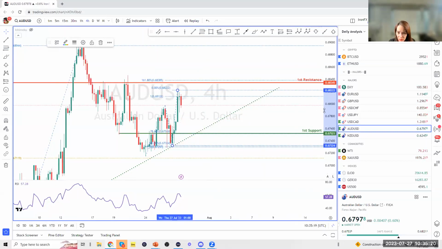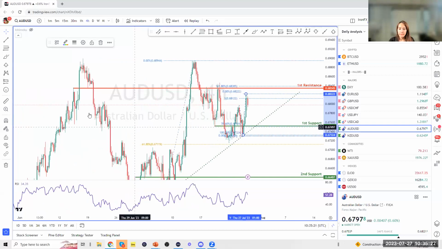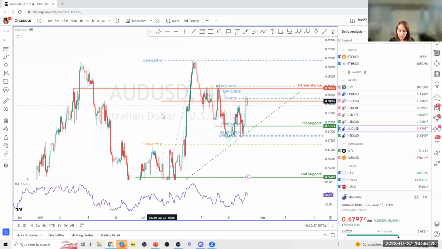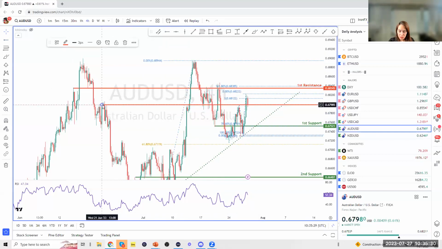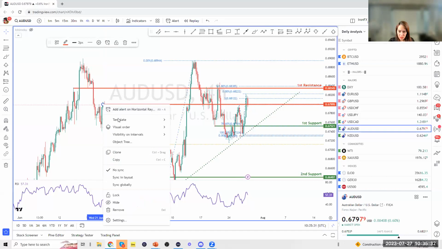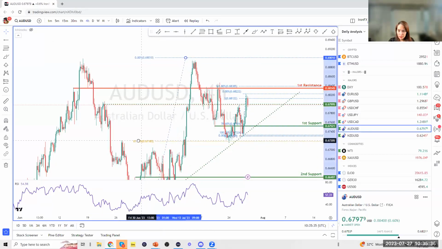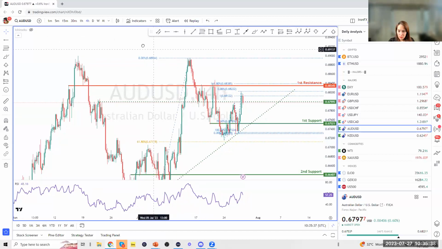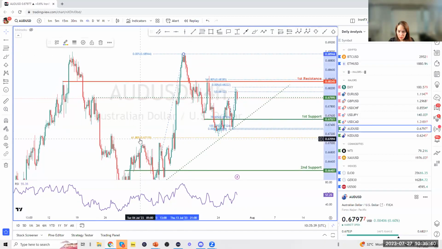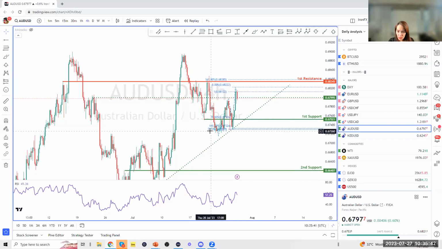I put this as my first support, and then if price breaks my resistance, I will just put this as my intermediate support. I remove this one, and the projection is already gone.